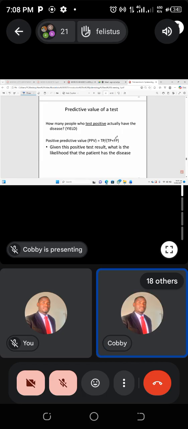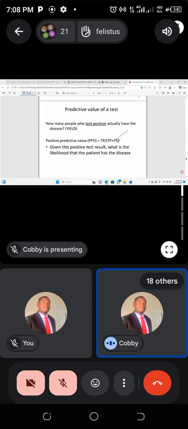The sensitivity formula has true positive plus false negative, but here we have the false positive. So the formula differs. So we're only dealing with the positives. That is the positive predictive value, to identify how many people who test positive actually have the disease.